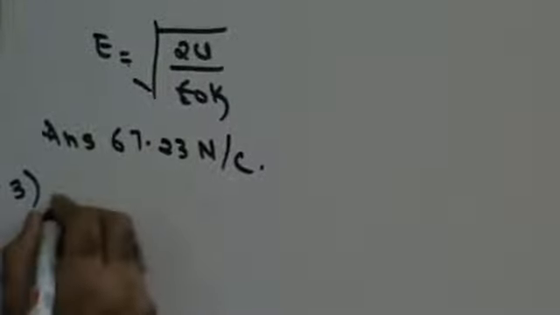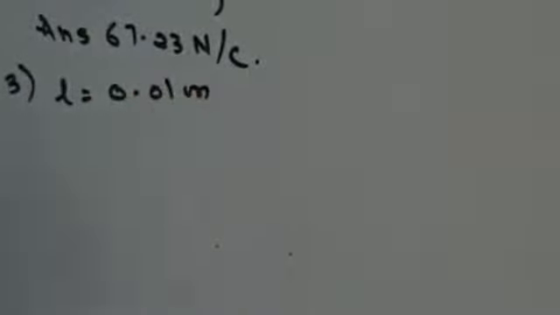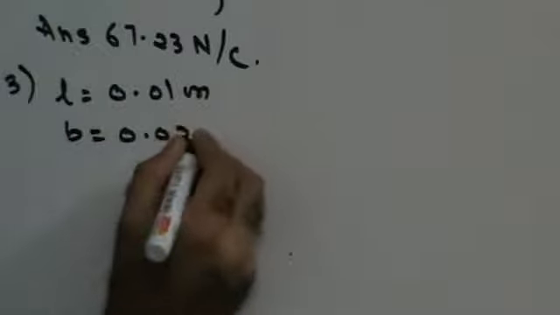The plates of a parallel plate air capacitor have dimensions 0.01 meter and 0.02 meters.